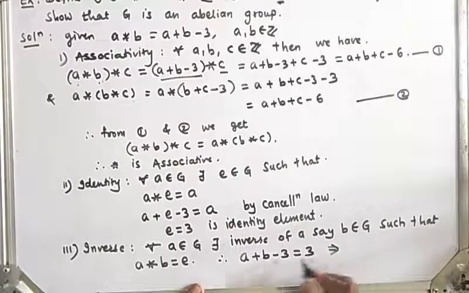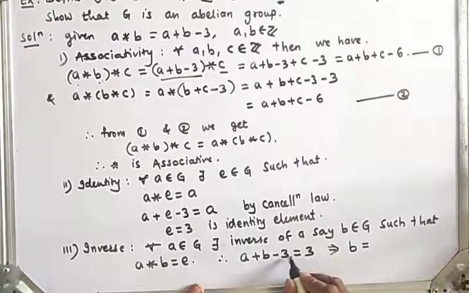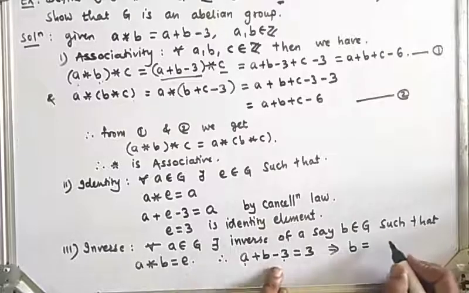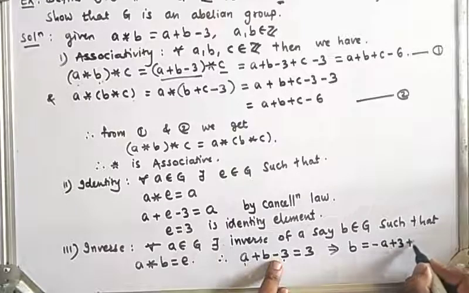So after solving it for b, what will we get? b is equal to minus a on the right hand side, and minus 3 goes across as plus 3.